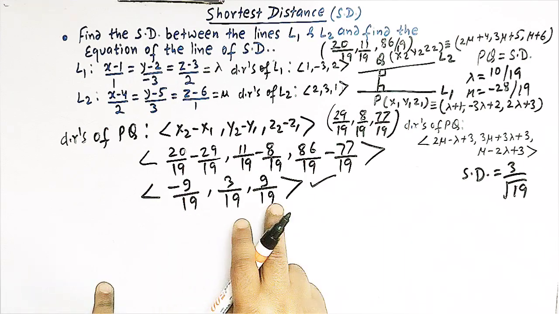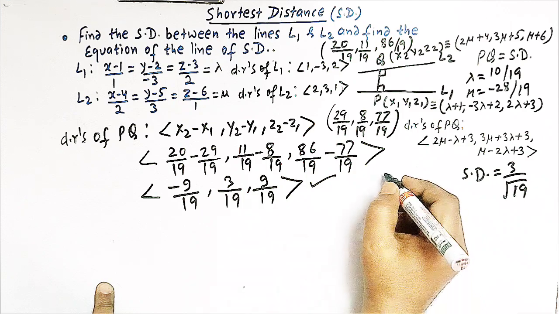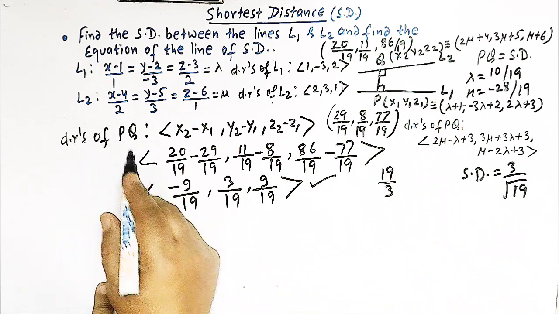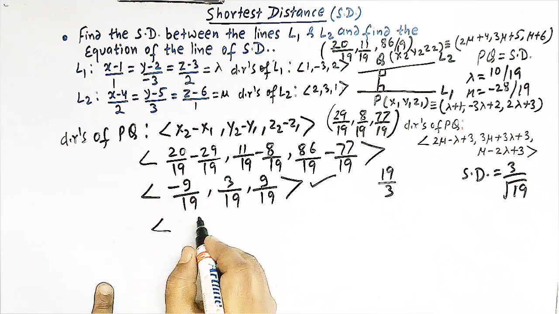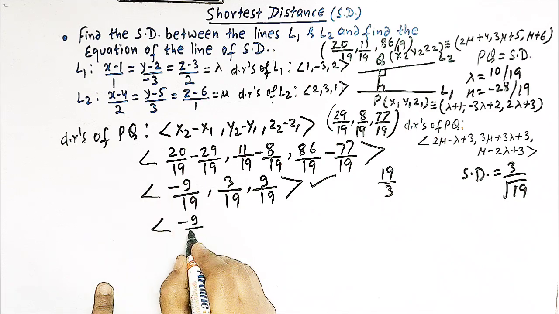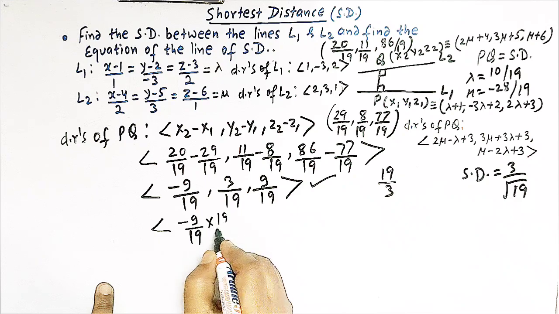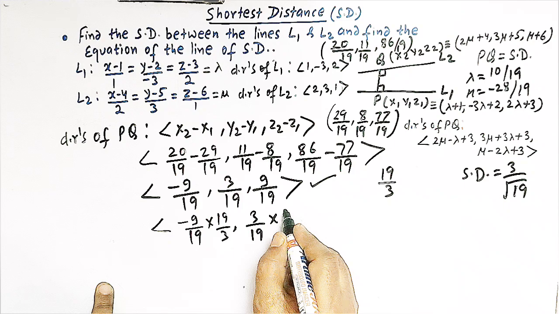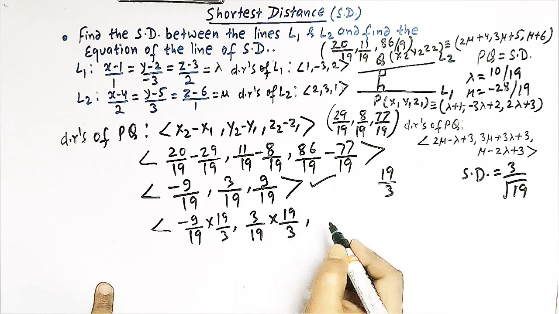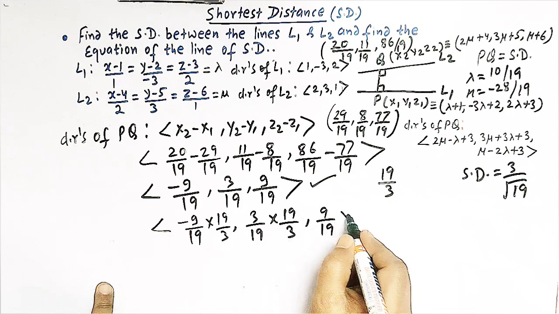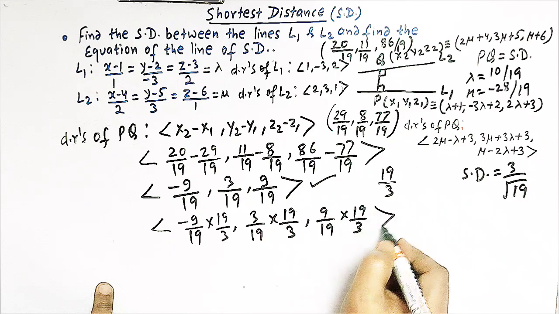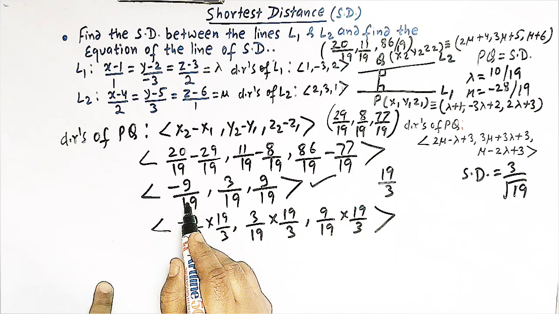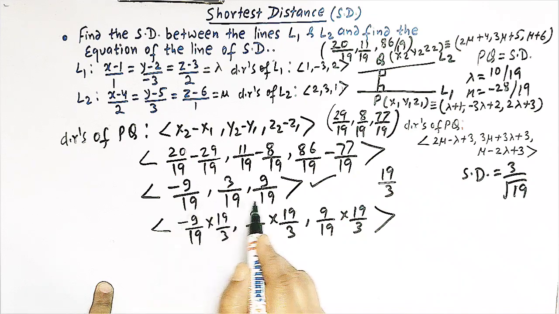So now if we multiply these three quantities by 19 over 3, then the direction ratios of PQ can also be written as minus 9 over 19 times 19 over 3, then 3 over 19 times 19 over 3, and 9 over 19 times 19 over 3, because this factor 19 over 3 appears in all the three numbers, right?